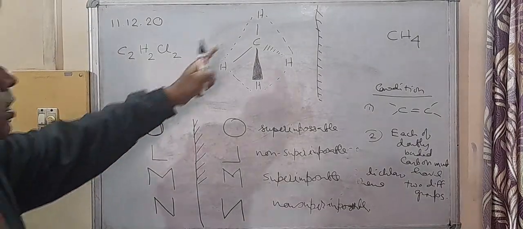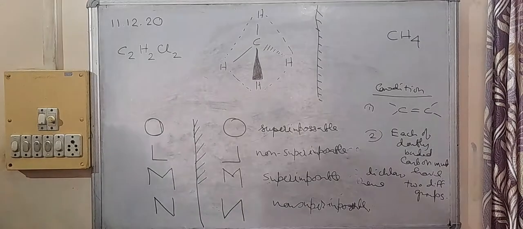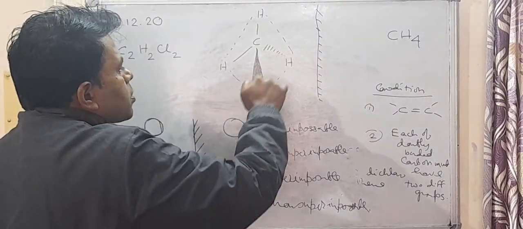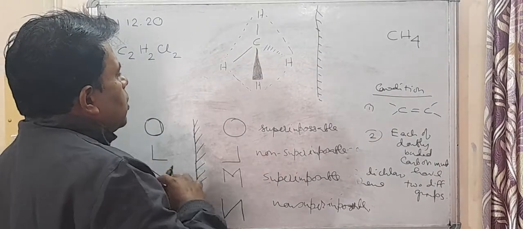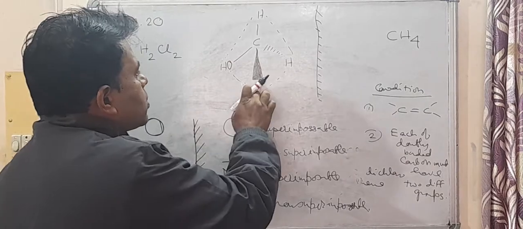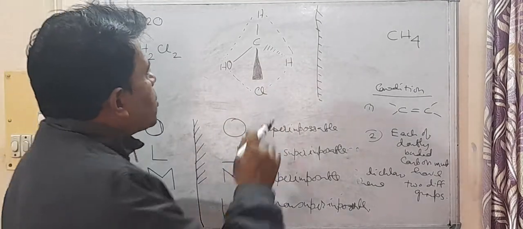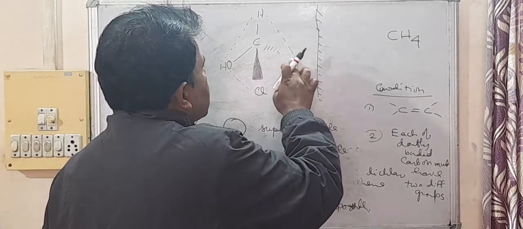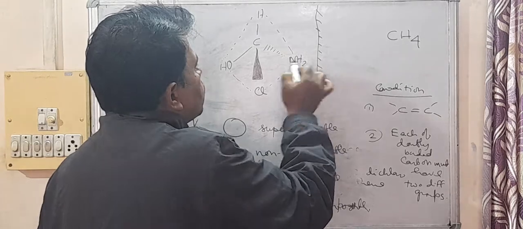Now let us consider an object where we have four different groups attached here. Say one is H, another is OH, another is Cl, and still another group, say NH2.